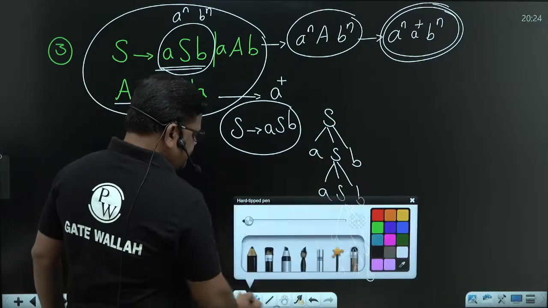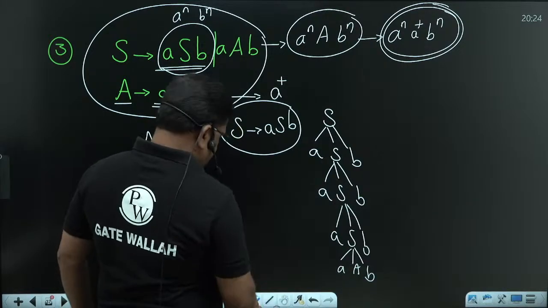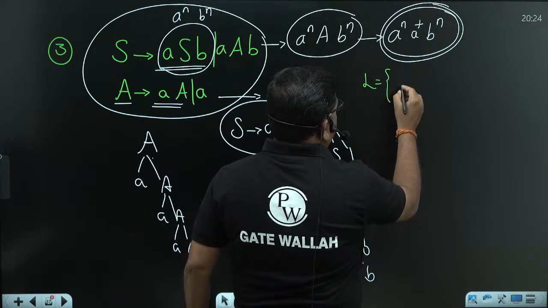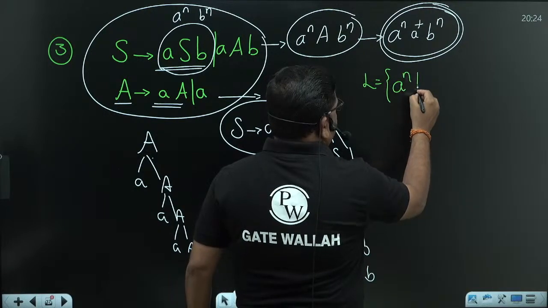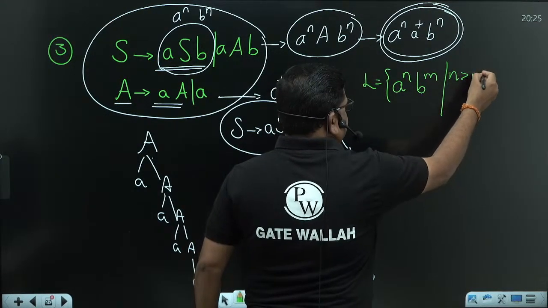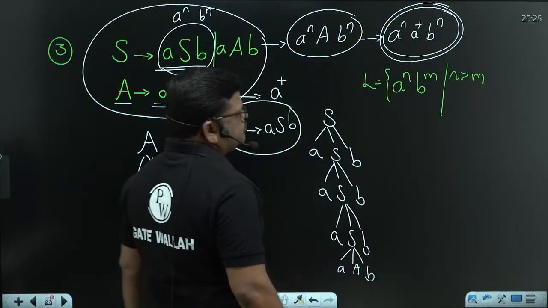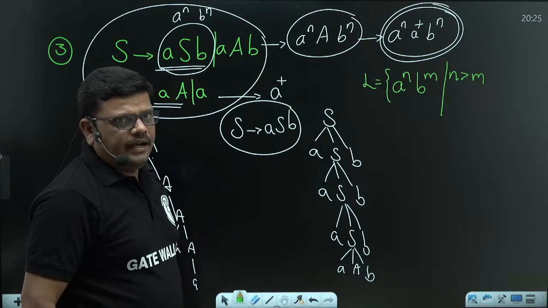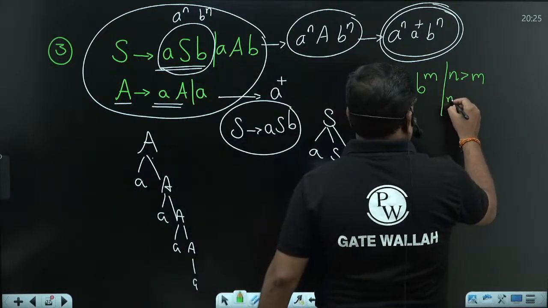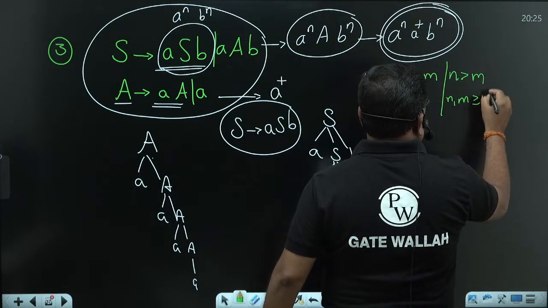So here the language is nothing but a power n, b power m, where n is definitely greater than m, and n, m are greater than or equal to 1.